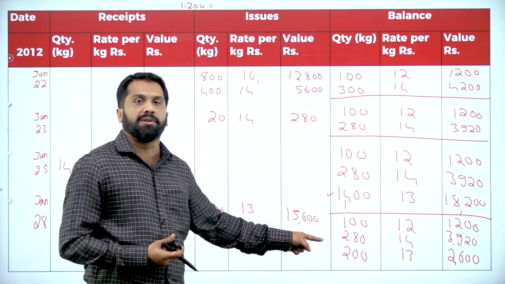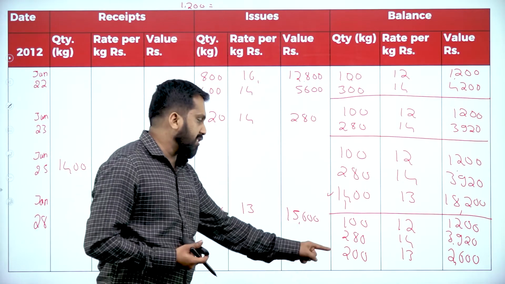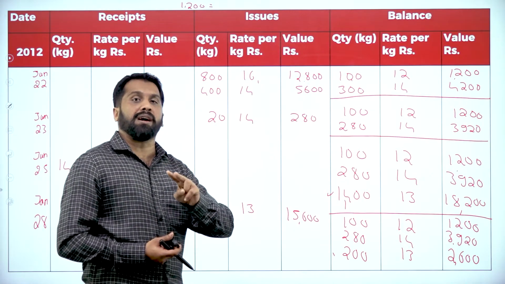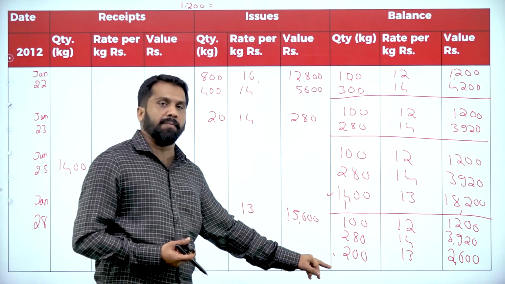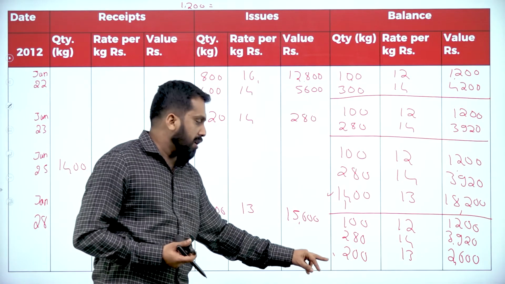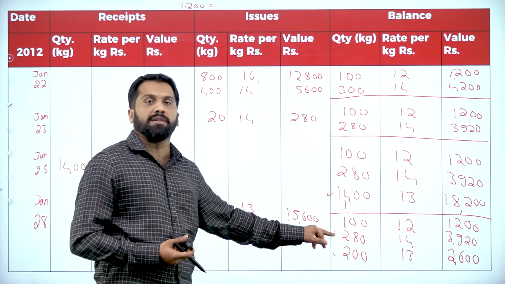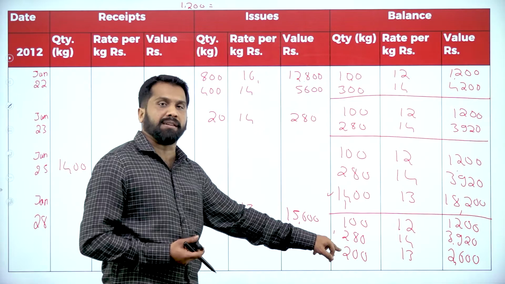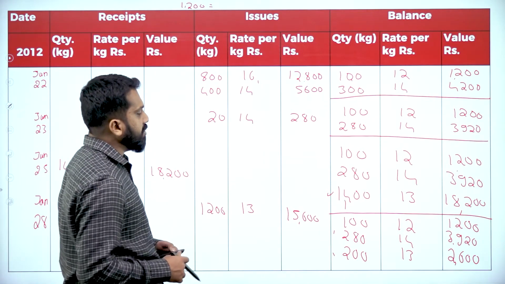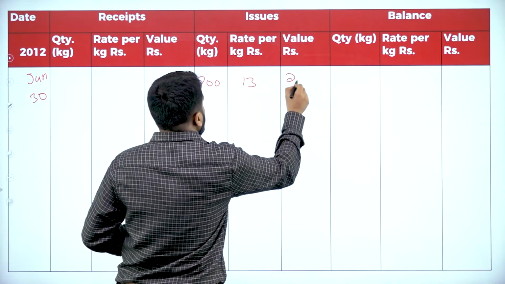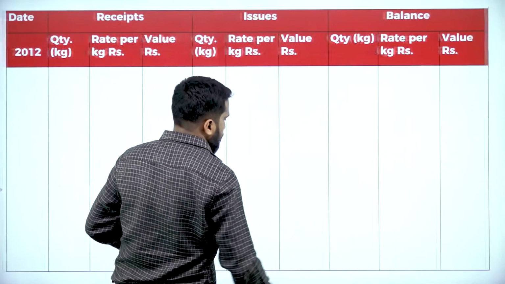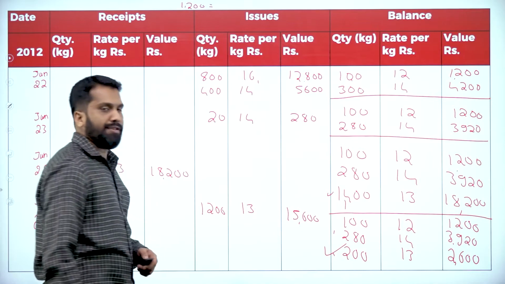Which box can you go to? Last box. How much do we have? 200. But how much do we need? 350. Do you have sufficient? No. If it is not sufficient, we should go for the next box. First, we'll take this one. So, 200 into 13 is 2,600. This box we have used.